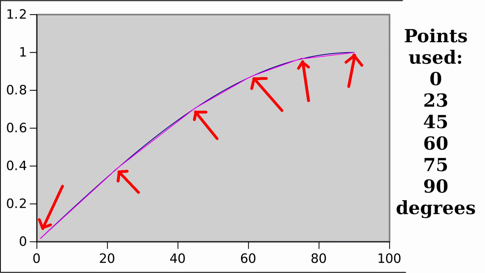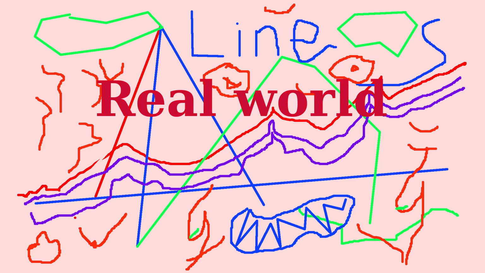The maximum error is less than 1%. In the real world, whatever that is, most things either are linear, can be made to be linear, or can be approximated well enough with the linear function. Sometimes an average needs to be thrown in for good measure.